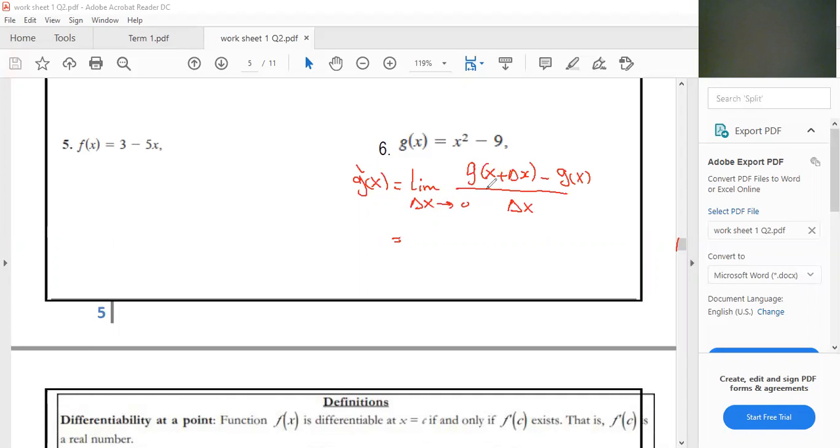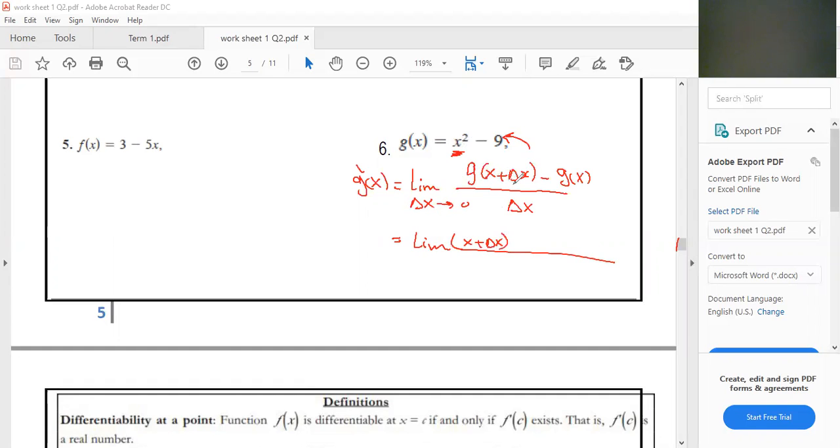Each x is replaced by x plus delta x in this function.